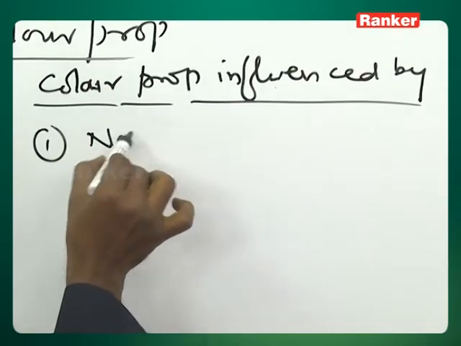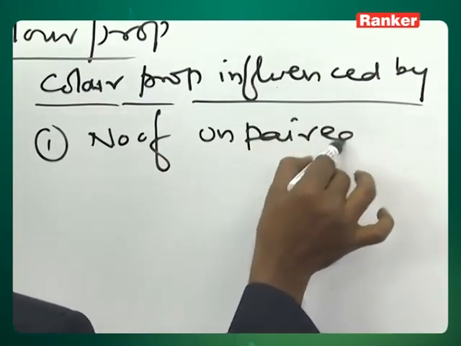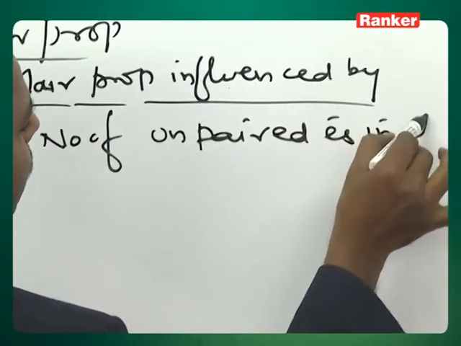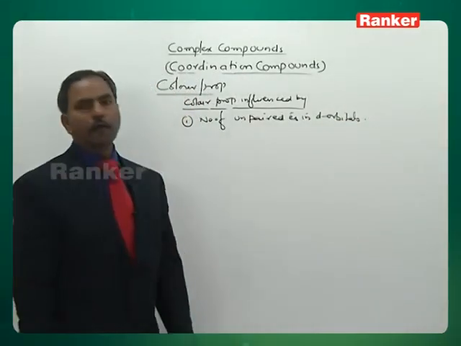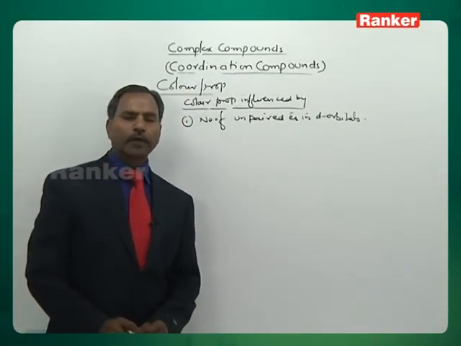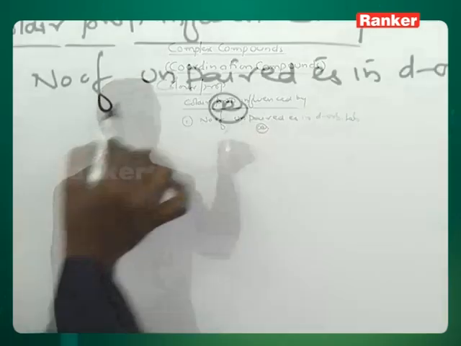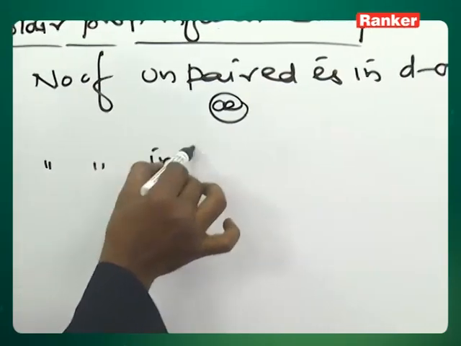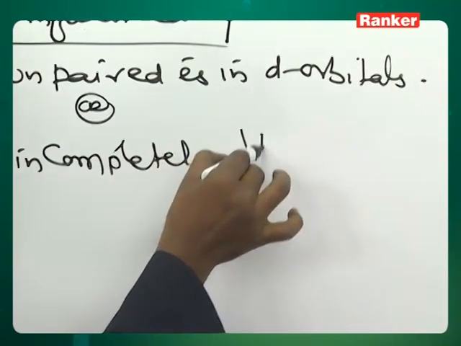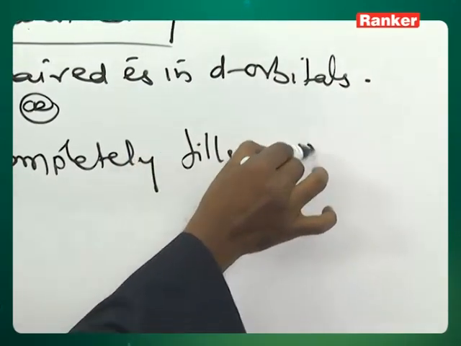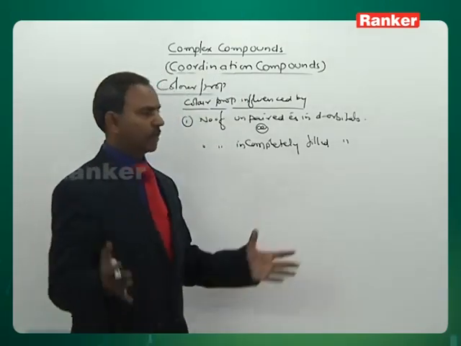Number of unpaired electrons in d orbitals, or you can say the number of incompletely filled d orbitals. How is this?